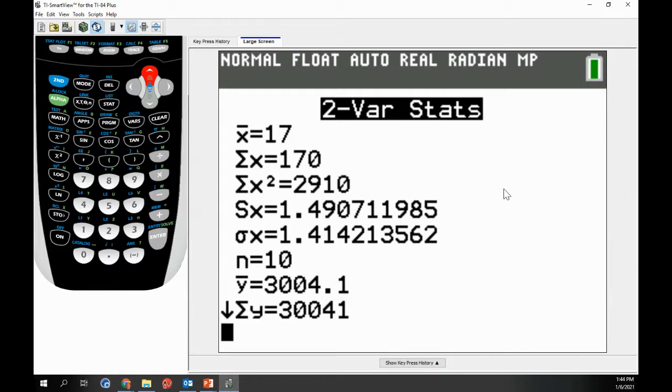Maybe write it below the sum of the y squared. You'll eventually need x bar and y bar. So x bar would be what? 17. And y bar is... that's right.